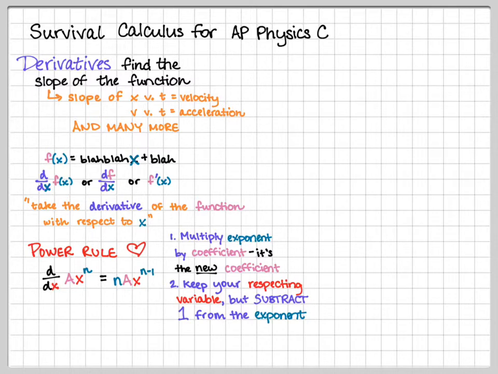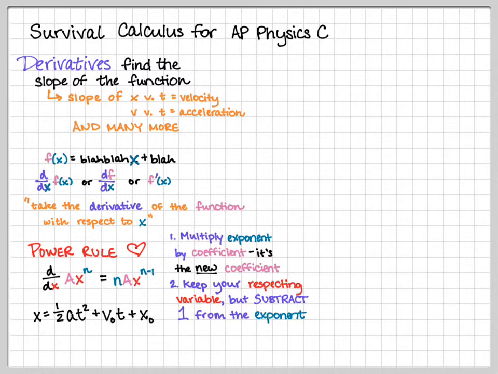So let's take our very familiar, I hope, position versus time equation: x equals 1/2 at squared plus v naught times t plus the initial position. I want to take the derivative of this. And hopefully from your first physics class, the slope of a position graph is velocity.